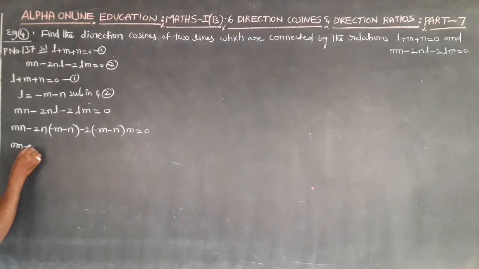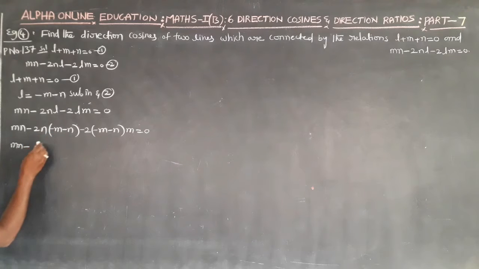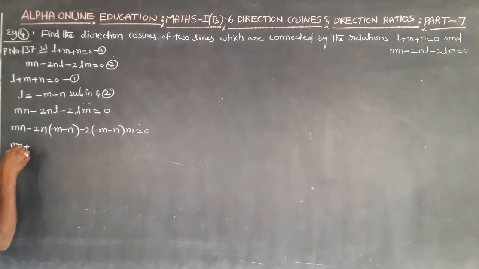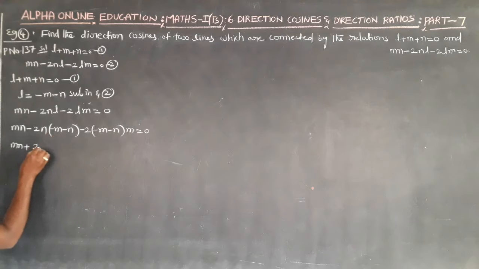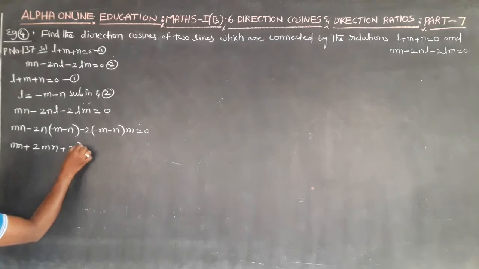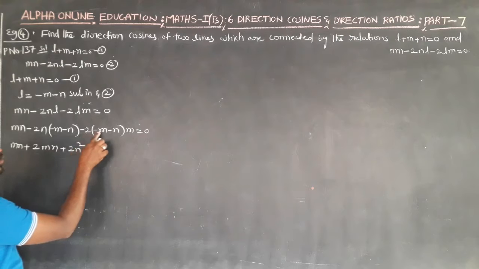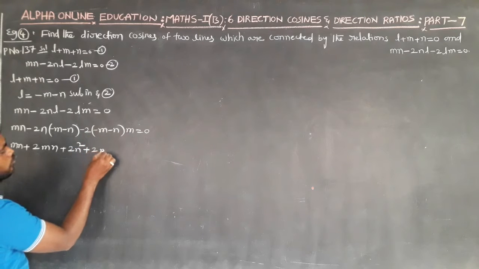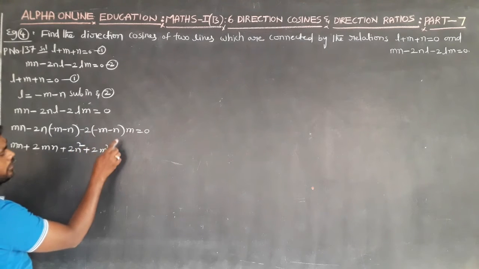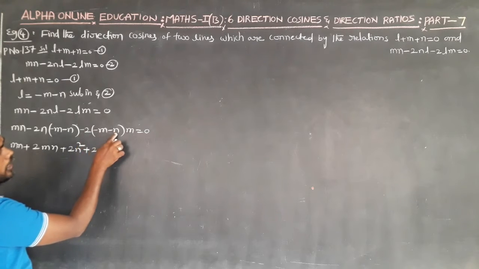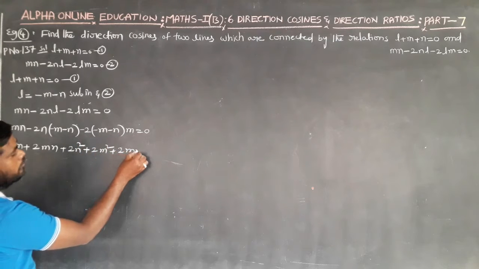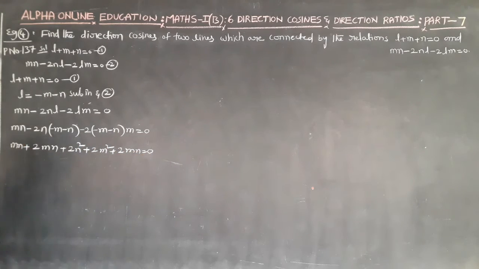Simplifying: Mn minus 2N into M, minus into minus plus 2Mn; minus 2N into N, minus into minus plus 2N square; minus 2M into M, minus into minus plus 2M square; minus 2N into M, plus 2Mn, is equal to 0.